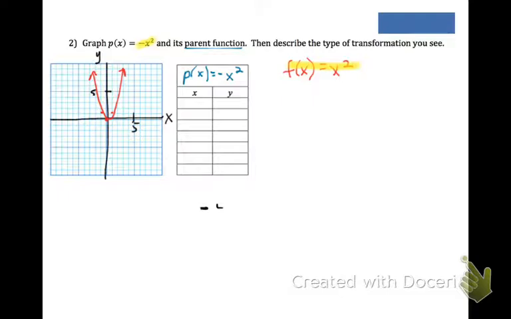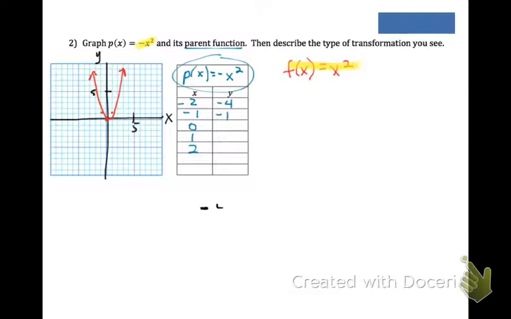So if we can plug some values in, let's see what is happening to the graph in the negatives. So we'll do negative 2, negative 1, 0, and in the positives. So I'm plugging it into this equation. If I square negative 2, I get positive 4, but then I still have that negative I need to multiply by. If I square negative 1, I get positive 1, but I have the negative.